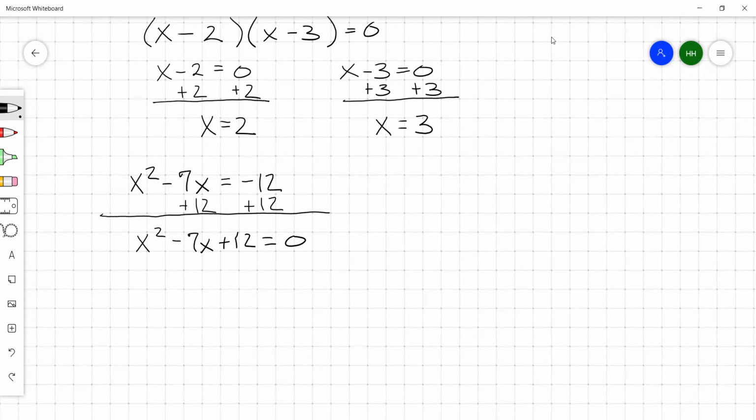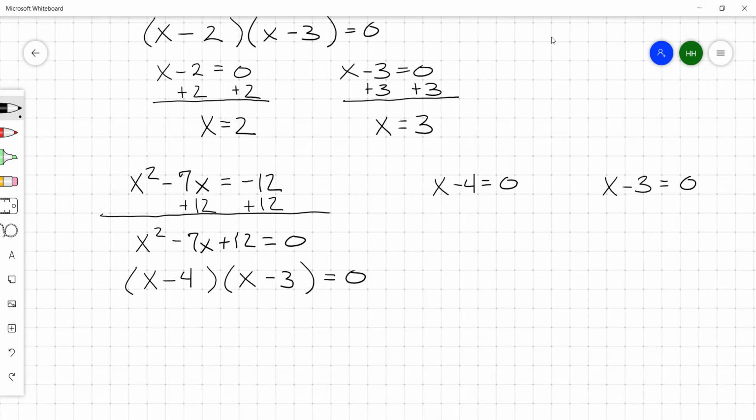And now you factor that trinomial. So double parentheses again. I'm thinking x minus 4 and x minus 3. Agreed? So then we're going to take x minus 4, make it equal to 0, and x minus 3 equal to 0, and solve each equation.